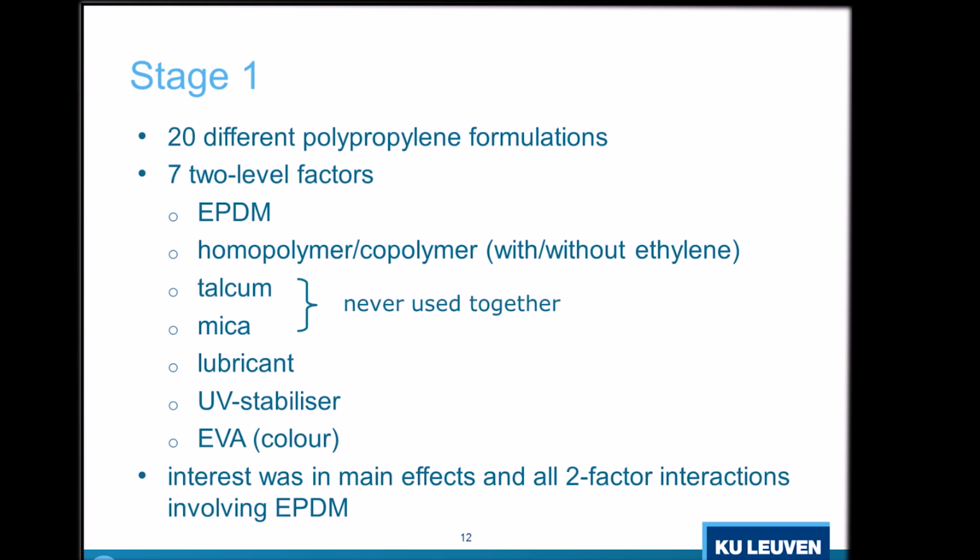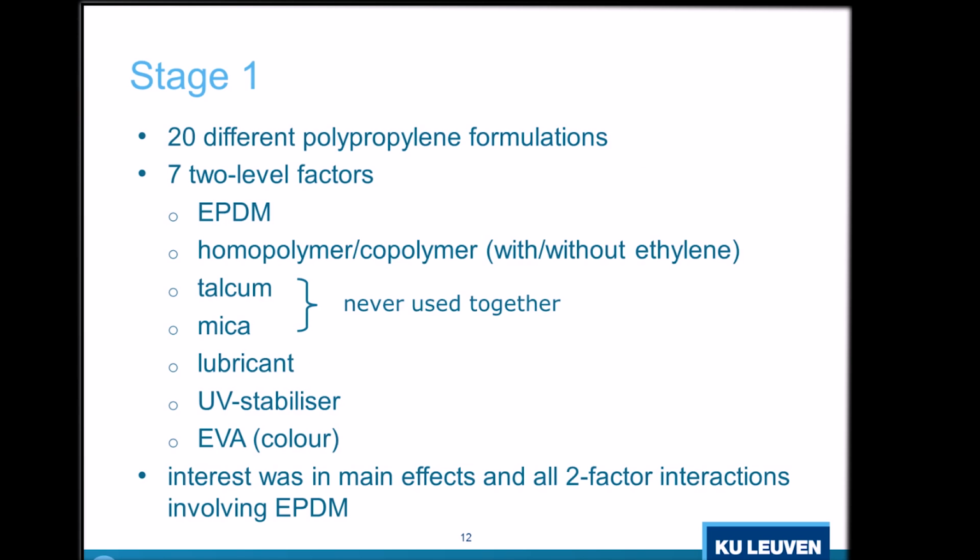That was a specific desire of the researchers, and that was because in reality, in real life, when producing polypropylene for cars, they either use talcum or mica, but never the 2 of them together. So that was a sort of practical constraint on the levels of 2 of the 2-level factors.